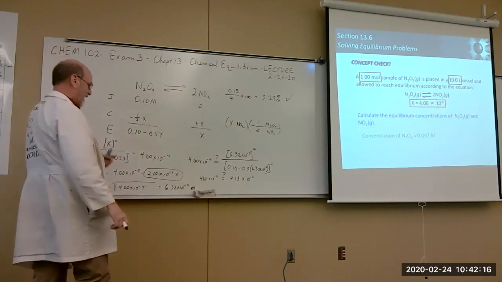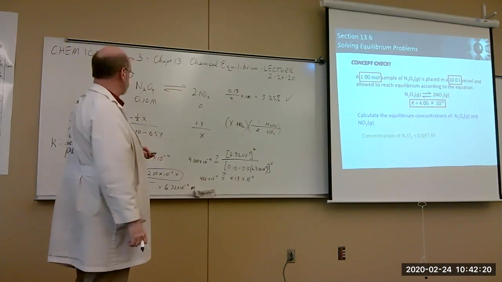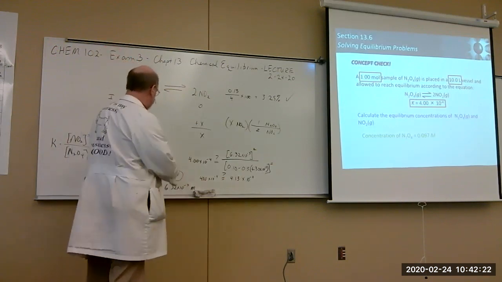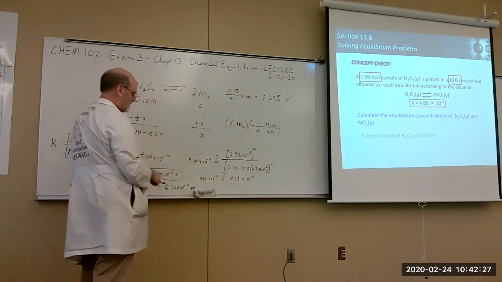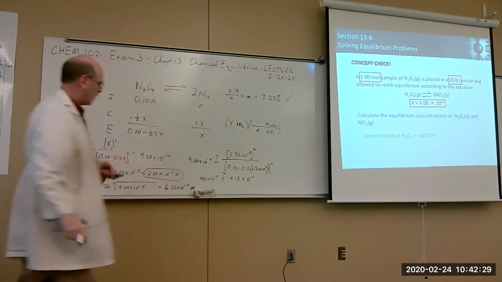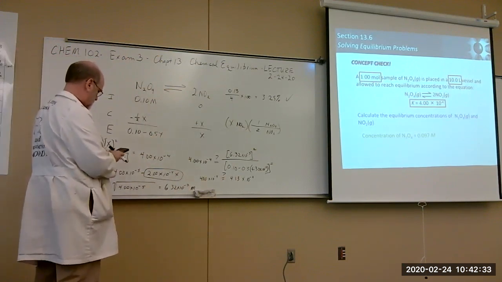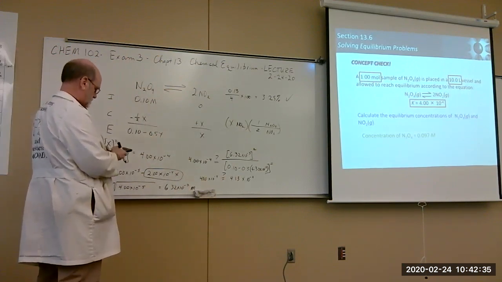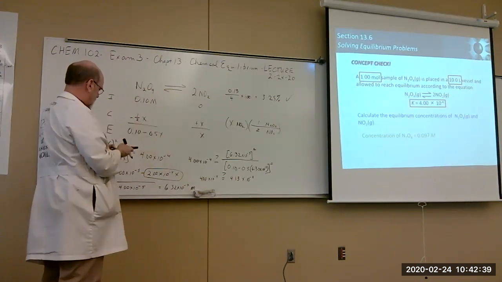Oh, excuse me. That was X. So the concentration, we would have to plug in X here, right? 4.13 times 0.5 to the exponents, times 0.5.